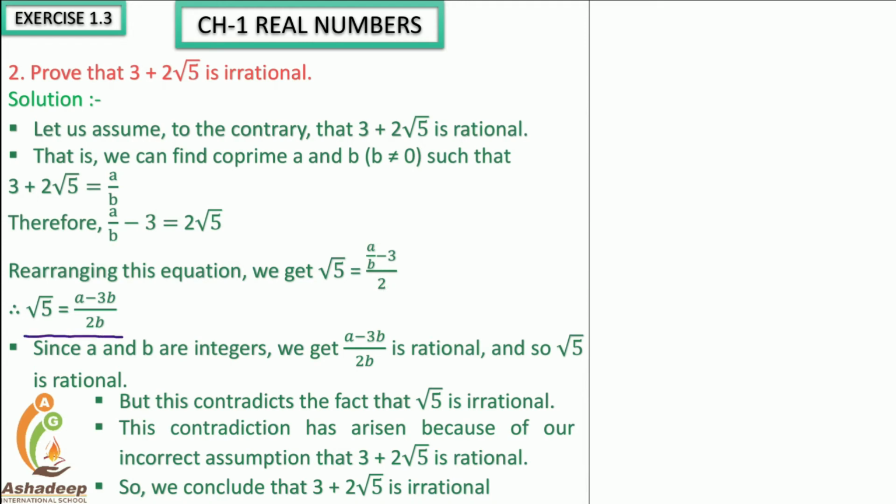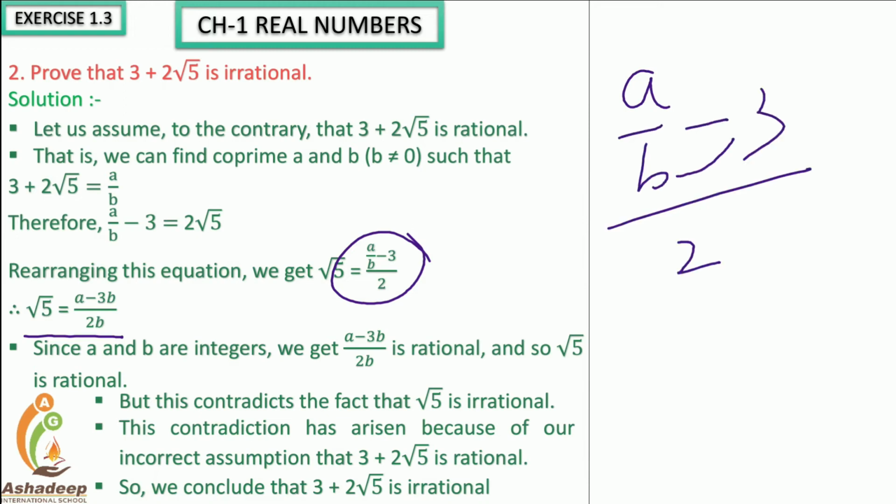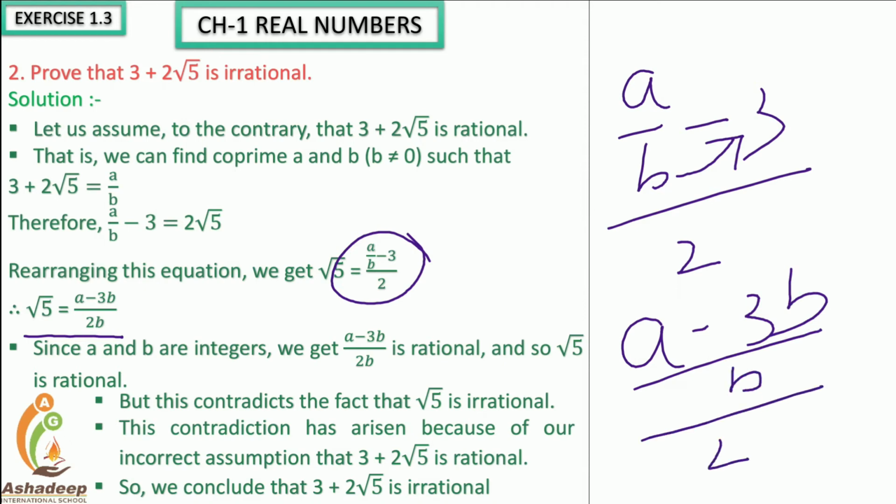So square root of 5, if you do the simplification over here, is a by b minus 3 divided by 2. Now b is the LCM, so a minus 3b upon b divided by 2. The denominators multiply each other, so here it is going to be 2b.